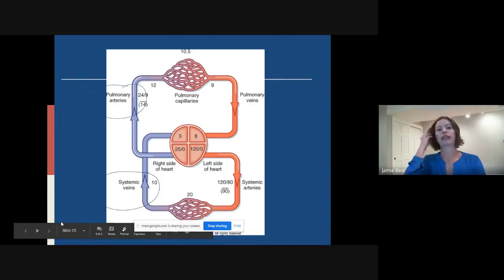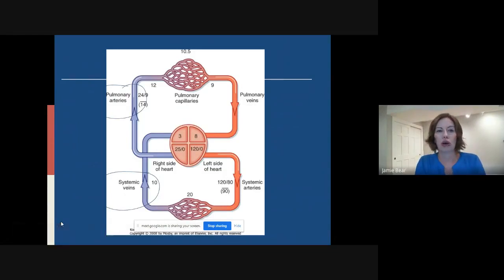This picture depicts the two different systems, where our pulmonary arteries and our systemic arteries have a much different blood pressure. And it's that blood pressure that creates a pressure gradient to move the blood from one area to the other.